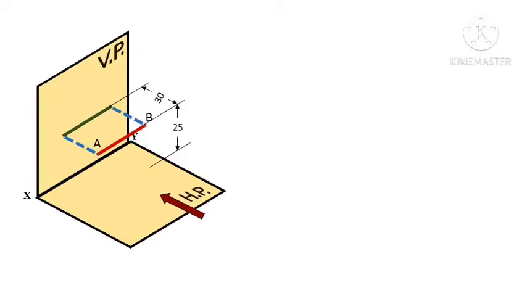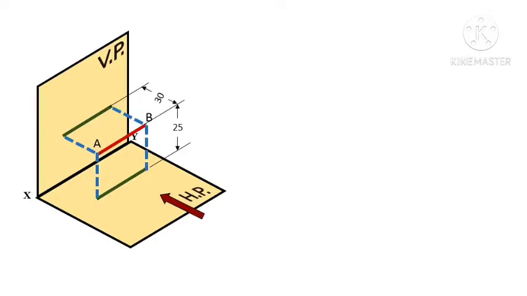Similarly, when you see the top view, one projector will trace the A and it will hit the horizontal plane, and similarly the other projector will trace the B and it will hit the horizontal plane.